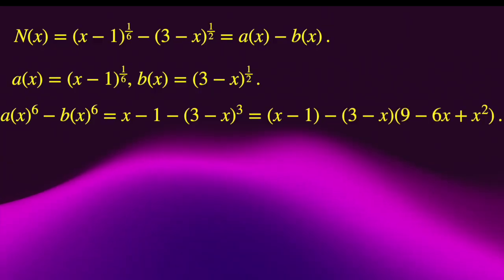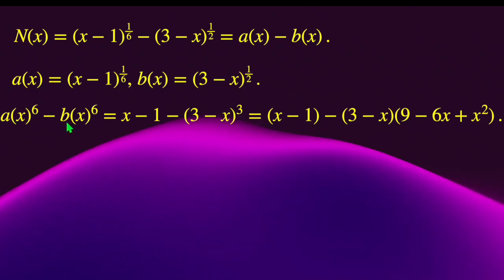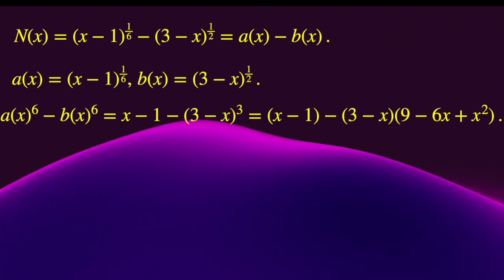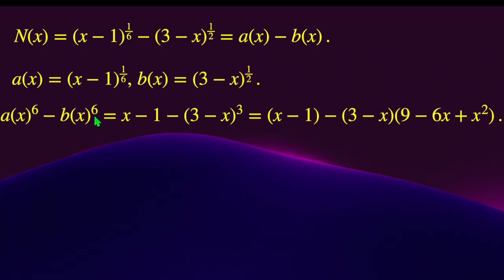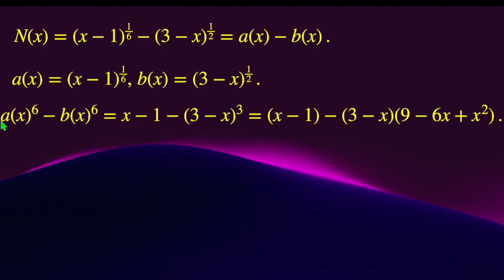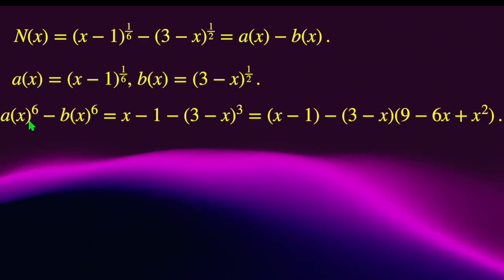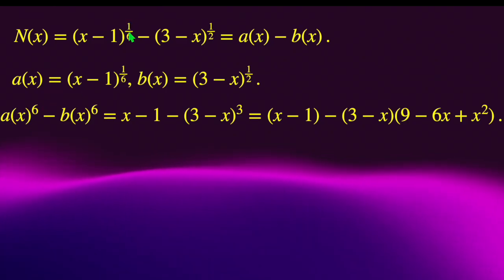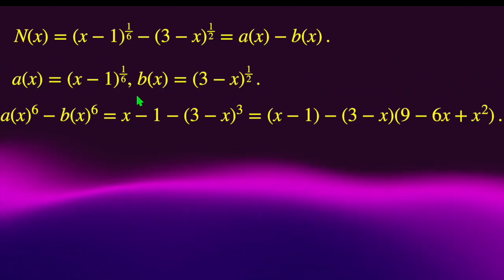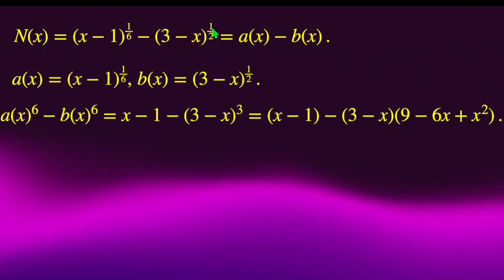And we will use our algebraic identity to compute a(x) power 6 minus b(x) power 6. If you compute a(x) power 6 minus b(x) power 6, here you get x minus 1, and here (3 minus x) power 3.